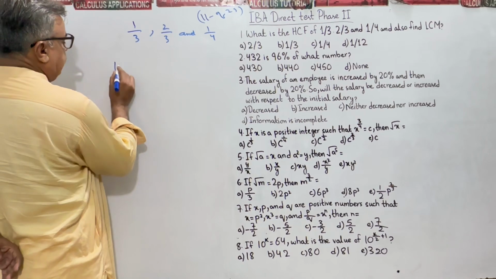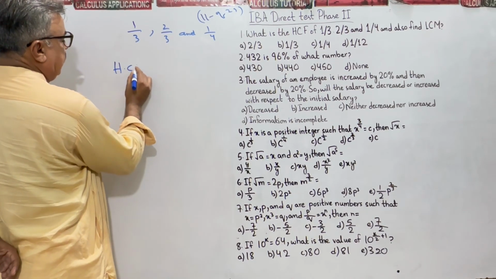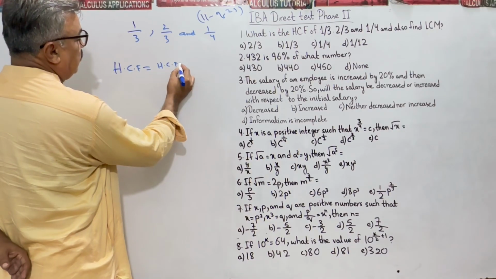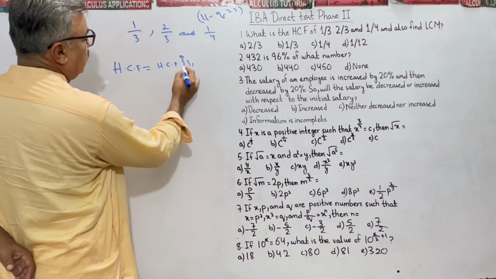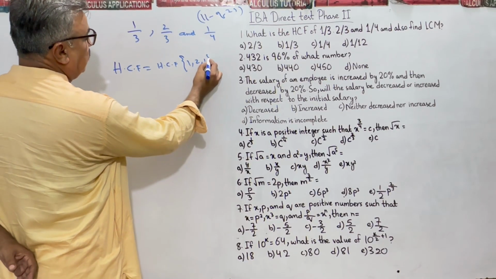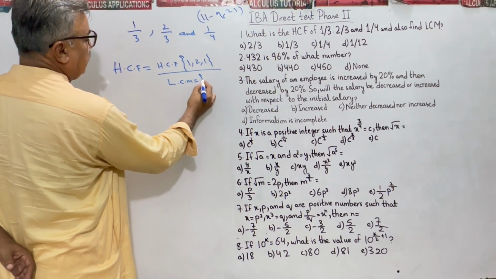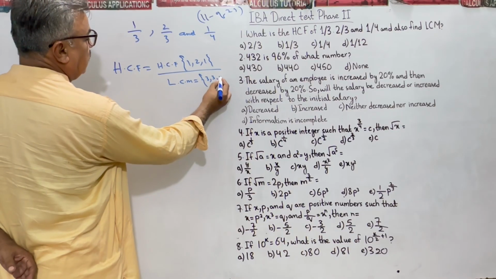The rule is simple enough. To find the HCF, we take the HCF of the numerators, that is 1, 2 and 1, divided by the LCM of the denominators, that is 3, 3 and 4.